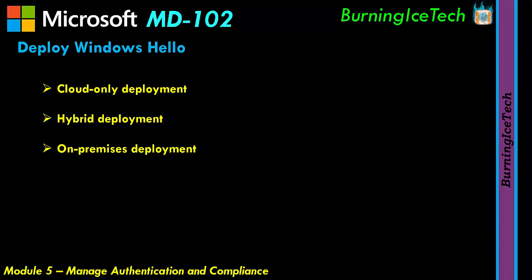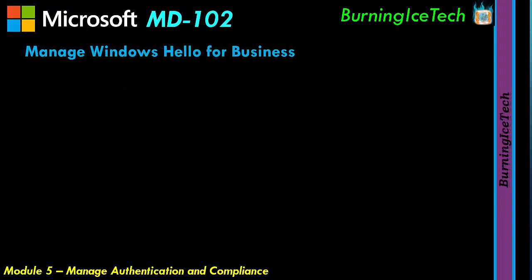Let's have a chat about managing Windows Hello for business. So when it comes to managing Windows Hello for business, folks, in Microsoft Intune, Windows Hello can be deployed as part of a device configuration profile. In case you didn't know, these profiles are used to configure various settings on Windows 10 and later devices.